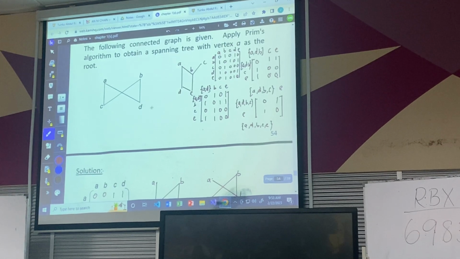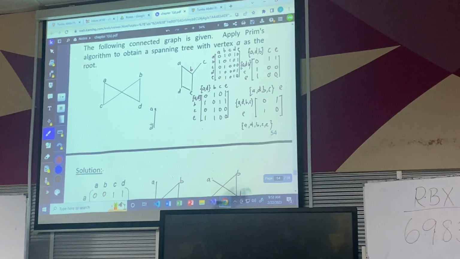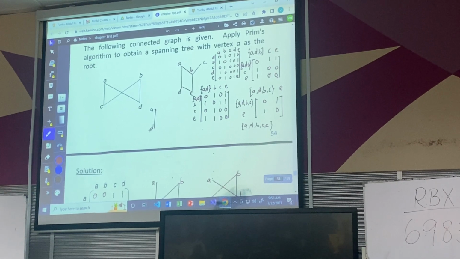So A to D, you can draw. This one no problem, you can follow A to D. That D to B cannot. So you need to draw from either A to B or D to E. Okay?